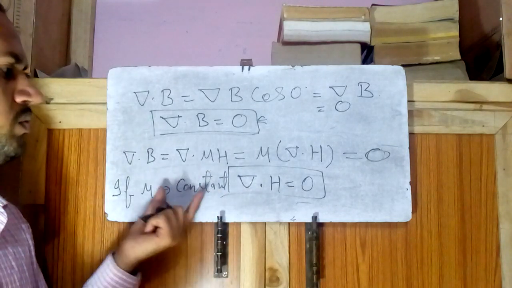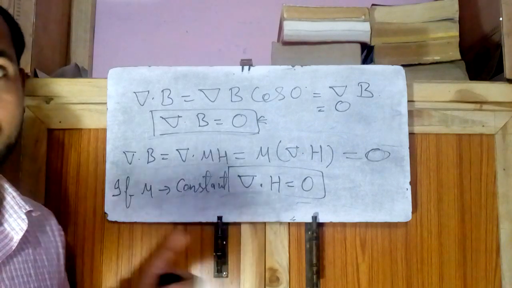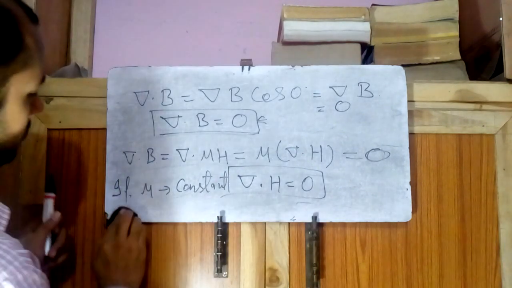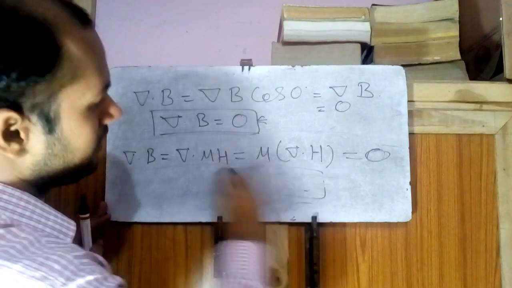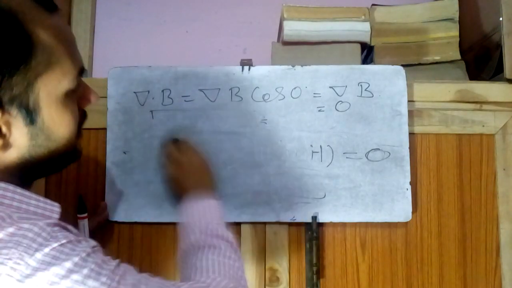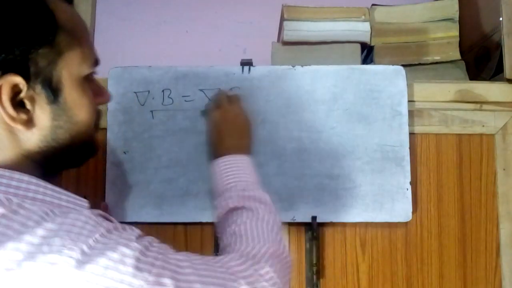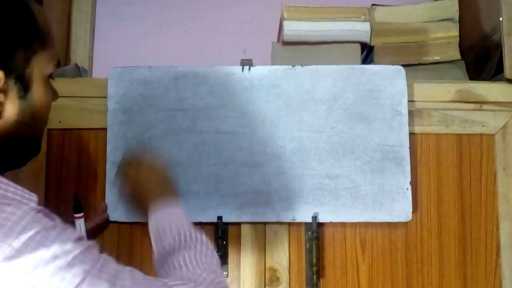Mu is constant means the material is either isotropic or homogeneous. So del dot H is 0. Del dot B is always 0.